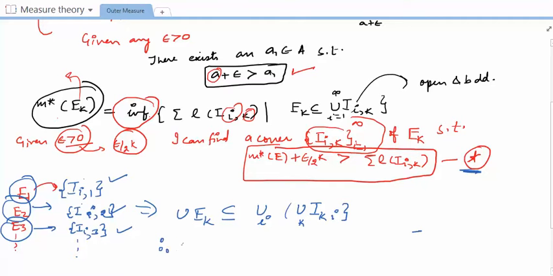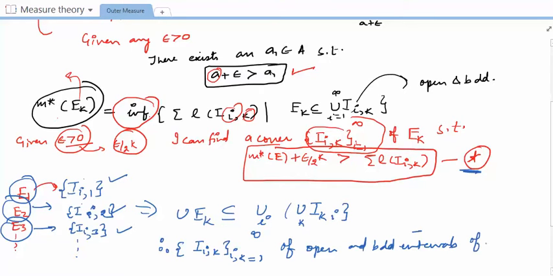Therefore we have a cover I, where both i and k vary from 1 to infinity. We have a cover of open and bounded intervals, and this cover is of the union of ek's. Right, now we have one cover of the ek's.